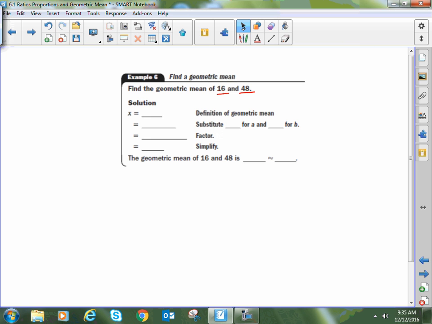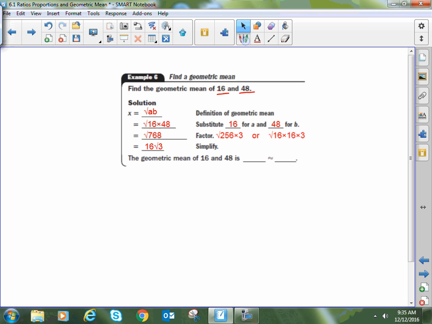So if I want to know the geometric mean between these numbers, well, the geometric mean is the square root of the 2 values multiplied together. So in this case, 16 times 48 gives me the square root of 768. And when I simplify the radical, I get 16 radical 3. Now, if your calculator is set up to simplify the radical for you, that's great.